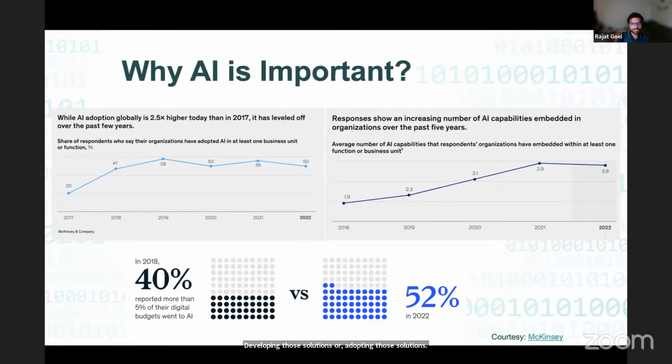As per the study, the number of respondents that reported more than 5% of companies' digital budget went to AI has dramatically increased from 40% in 2018 to 52% in 2022. That is 12% of businesses that have already increased their investment in AI, which is huge.